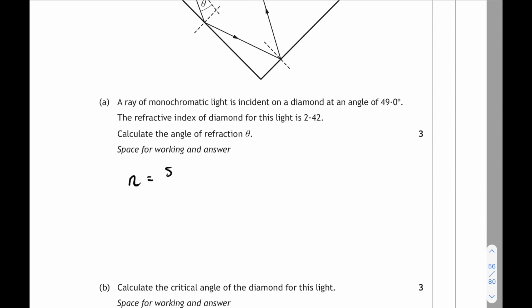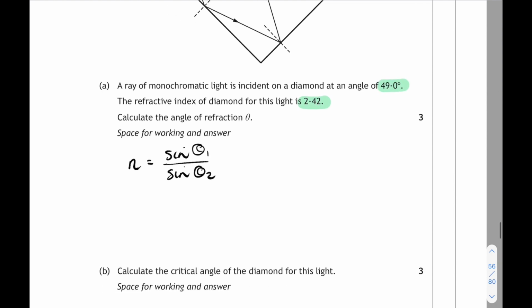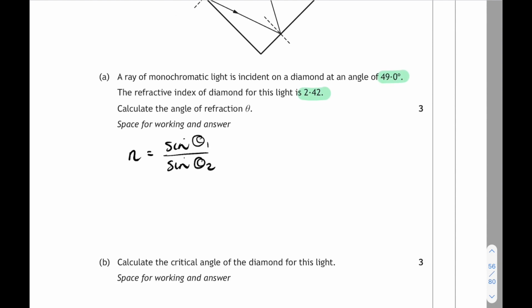It's a calculate question, so we go straight to our relationship sheet and write down the refraction relationship. n equals sine of the angle in air over the sine of the angle in glass. We know the angle in air is 49, and we know the refractive index is 2.42, and it's sine theta 2 we're looking for. That's the angle in the diamond.